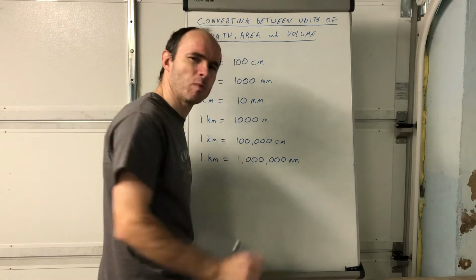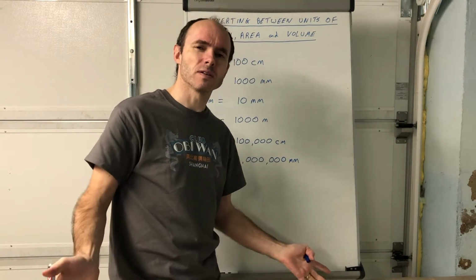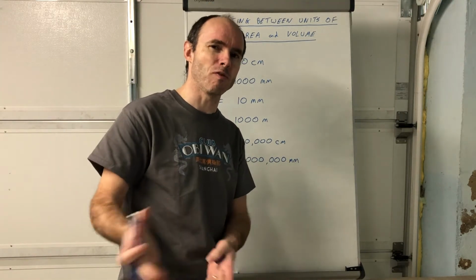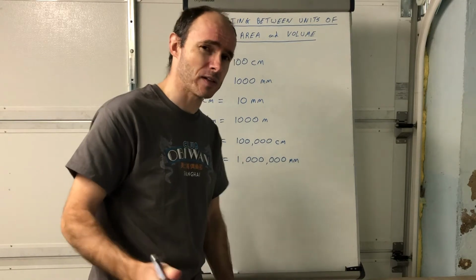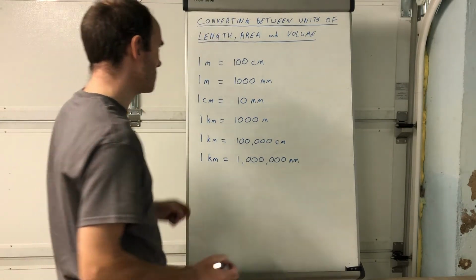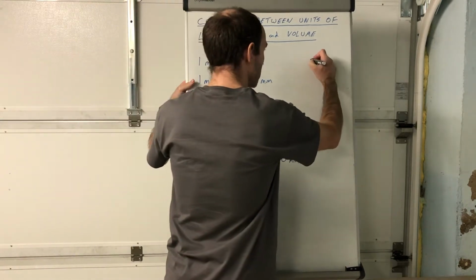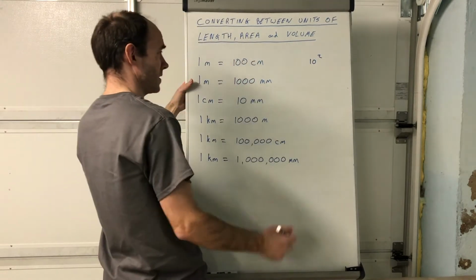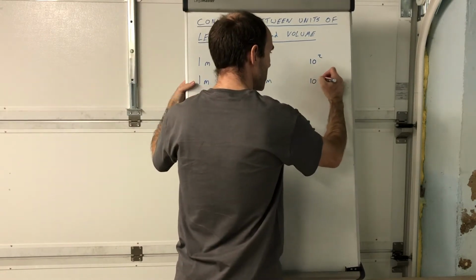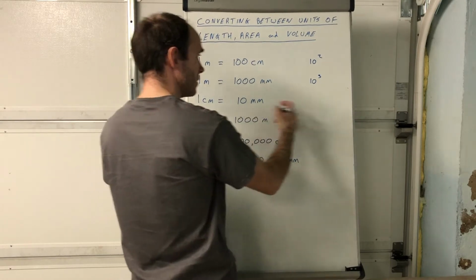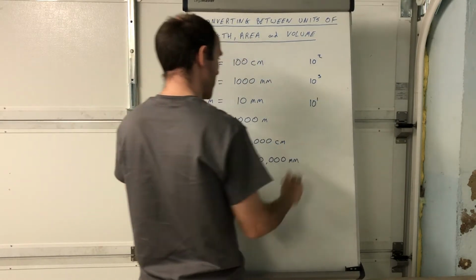Now, do be aware, sometimes the examiners like to put things in standard form for you. You should know how standard form works. So, for example, 100 is the same as 10 squared. 1,000 is the same as 10 to the power of 3. 10, of course, is 10 to the power of 1.